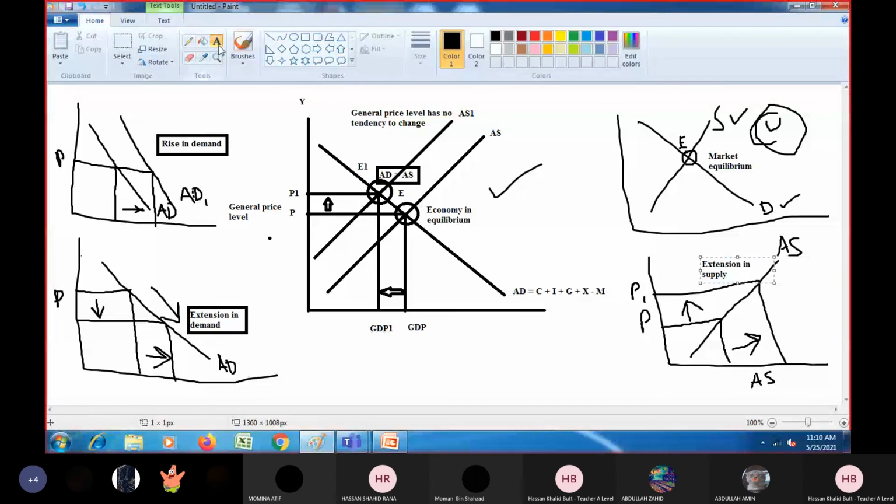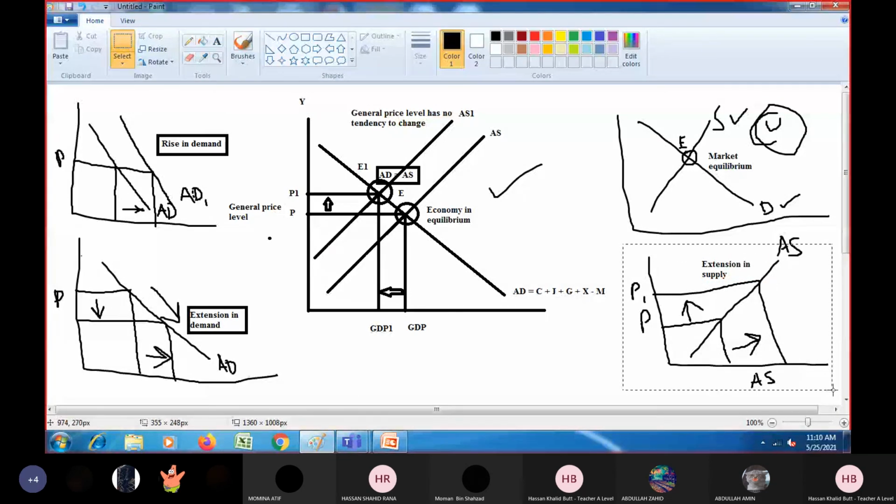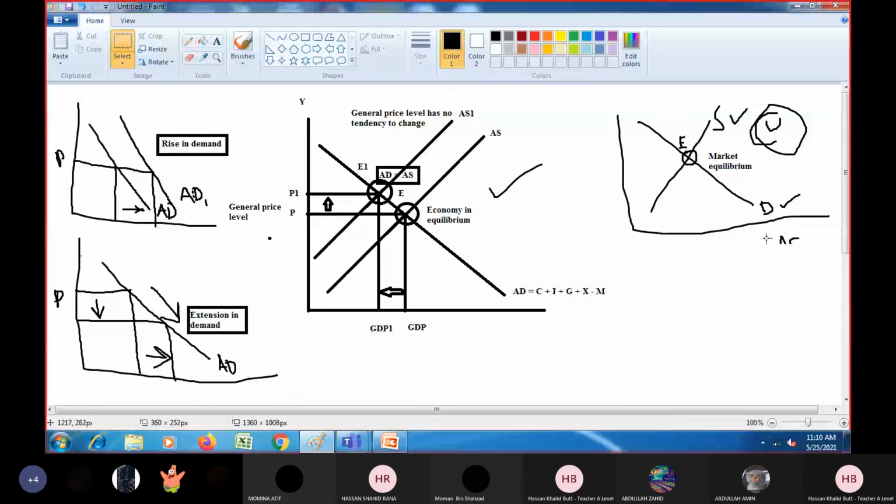As I explained in the demand diagram as well, I am explaining here as well. So what is the topic under discussion? That is shift in supply, and this is how a shift takes place. Let's say this is aggregate supply, and this is the price.